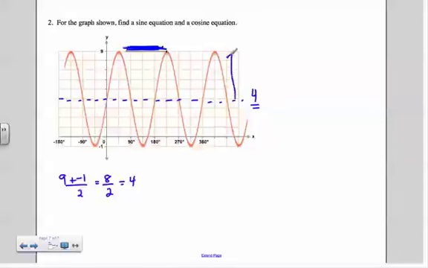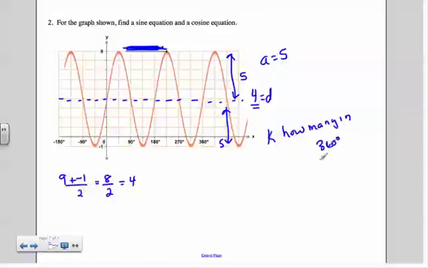Once I have my axis of curve, I can figure out my amplitude. So d is going to be 4 and my amplitude is going to be 5. Now k is how many in 360 degrees. So you can count how many. I get 1, 2.